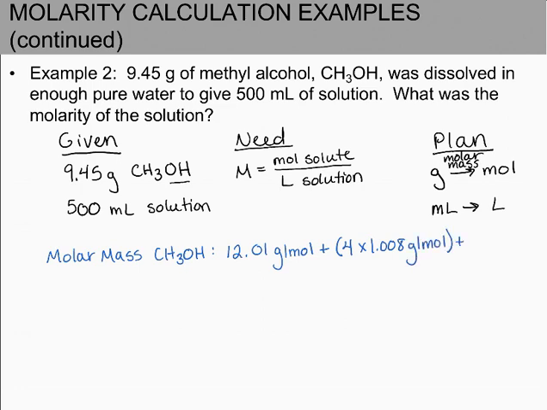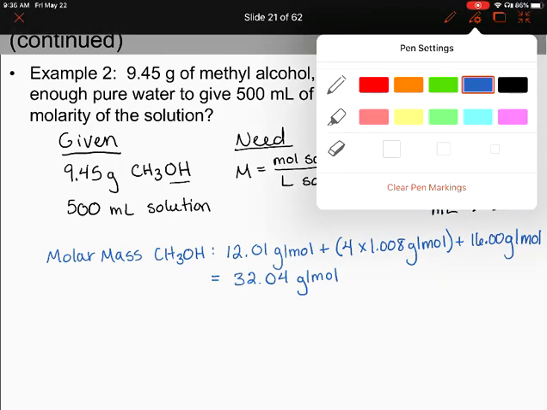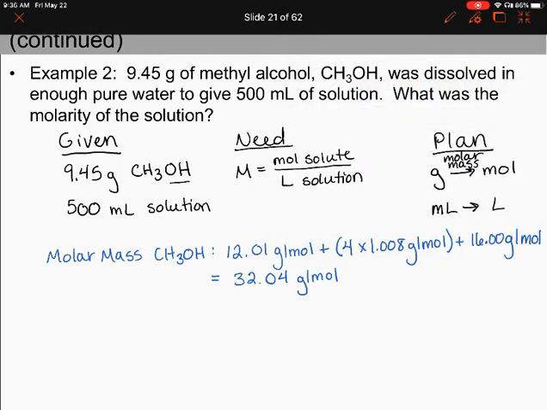And then we have an oxygen, which has a mass of 16 grams per mole. If you want to pause the video at any point to try this on your own, you can. If we add all of those together, we should get a molar mass of 32.04 grams per mole. So now we can use that to convert grams of methyl alcohol to moles of methyl alcohol.